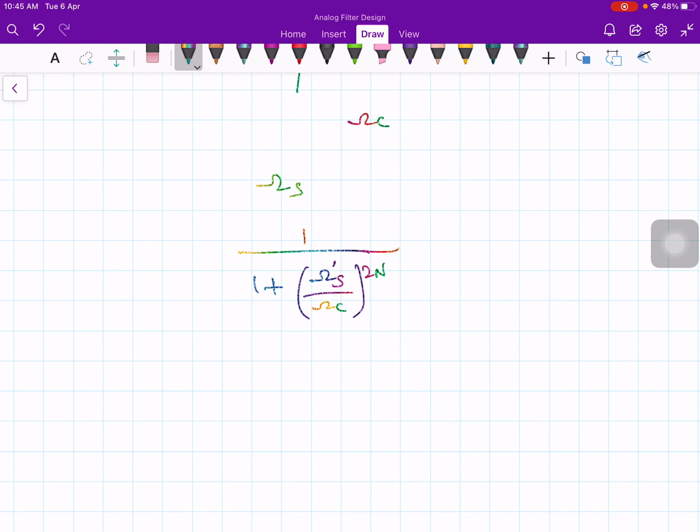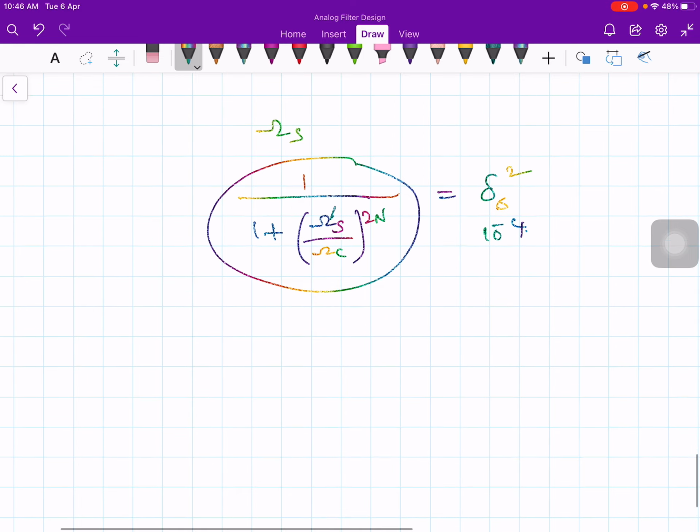Okay, so I want to find out exactly where the stop band edge occurs. That is why I have taken this omega S prime. Therefore this whole quantity must be equal to how much? Delta S squared. Okay, and what is delta S squared? It is 10 to the power minus 4.